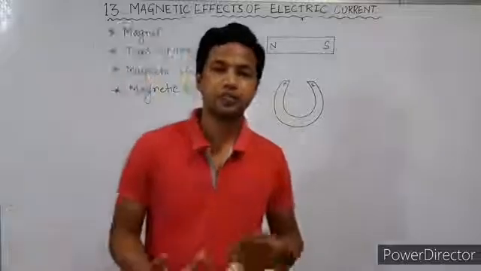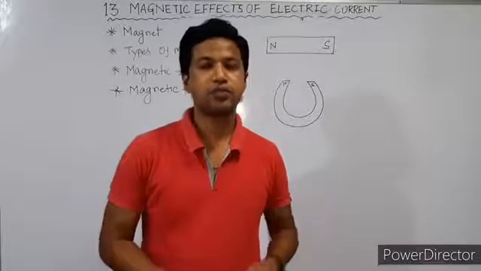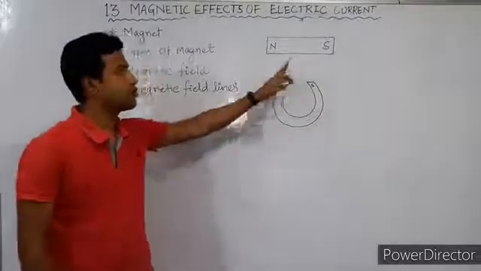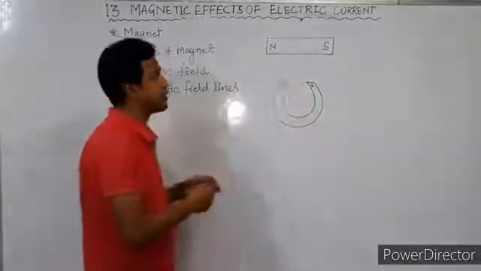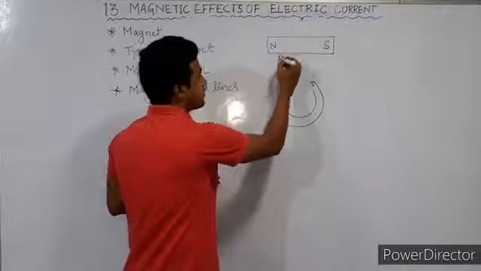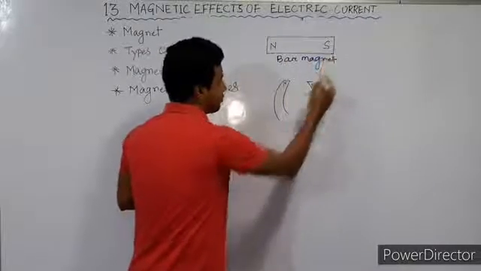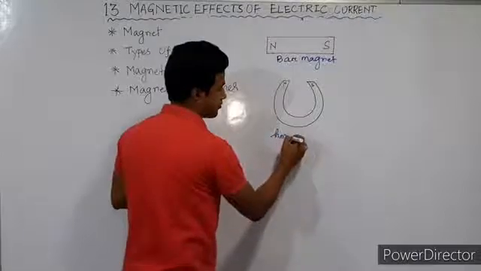After the types of magnets, let's find out some more about magnets. Here you can observe there are two magnets. This is your bar magnet, and this one is your horseshoe magnet.